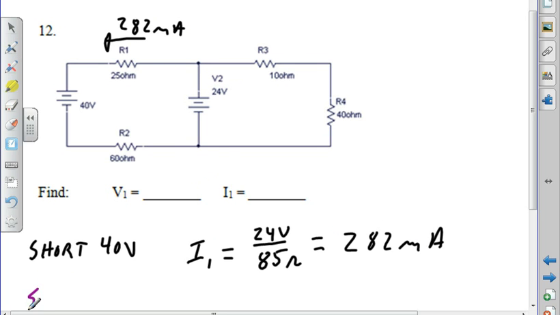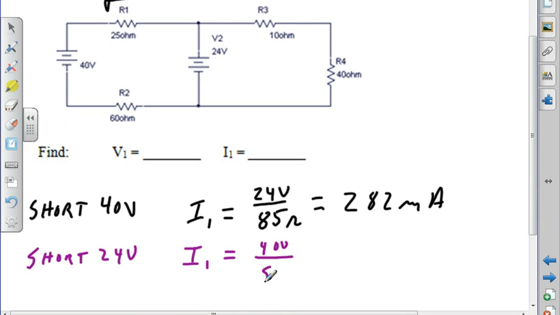Okay, now I'm going to short the 24 volt power supply, and I'm going to find the current through 1 is going to be 40 volts divided by, now this is shorted, so this guy's irrelevant over here, divided by the same 85.